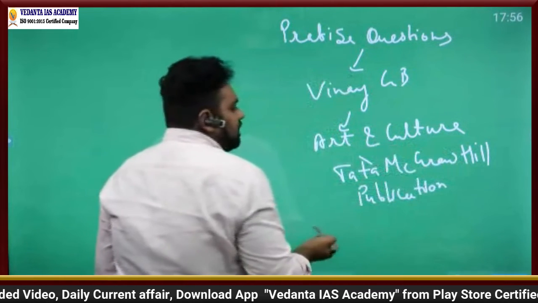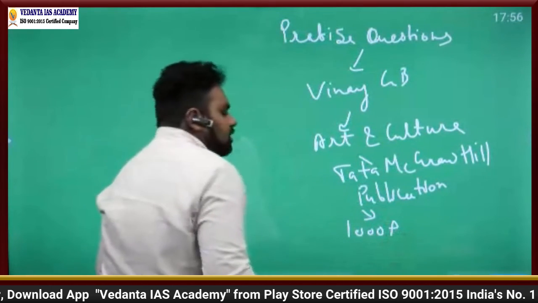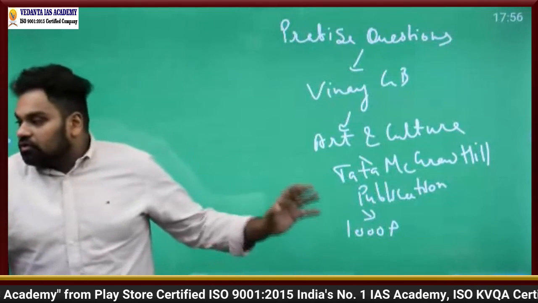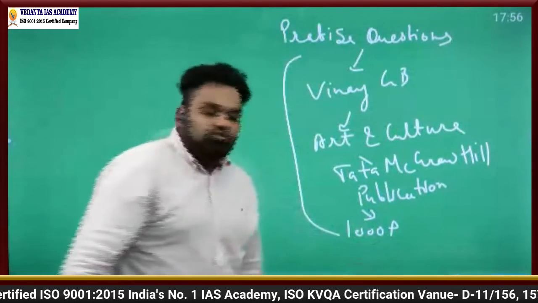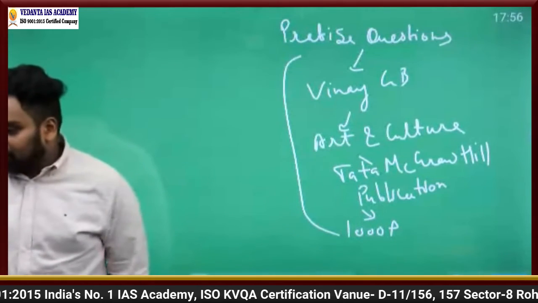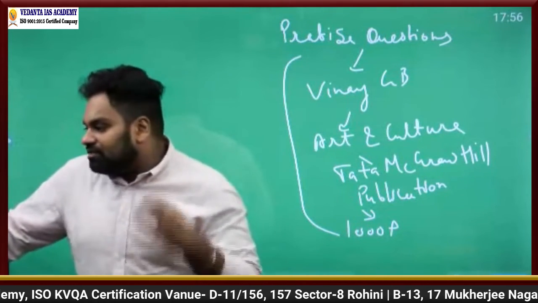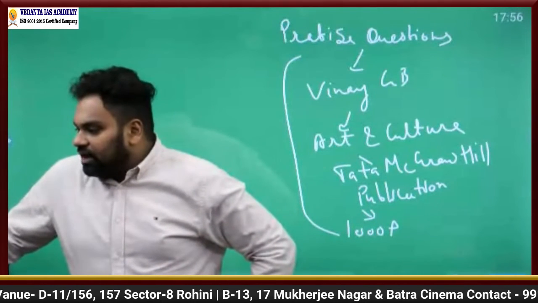It actually contains 1,000 plus questions for practice along with the solutions. So once you are done with your art and culture part, you need to do this, right? These are the basic ideas of the topics which you are going to cover in art and culture.